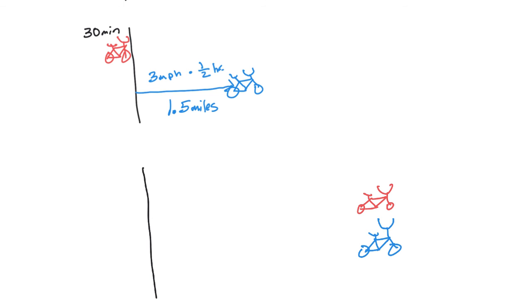Because Vicky is moving faster than Caroline, Vicky is going to eventually catch up to her. The question is, how much time will it take for Vicky to catch up? And the way we could figure that out is to take a look at the difference between them.